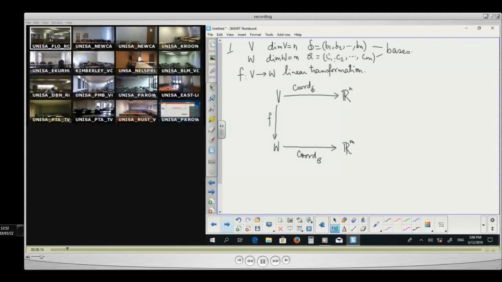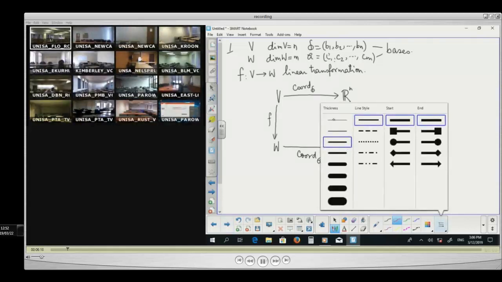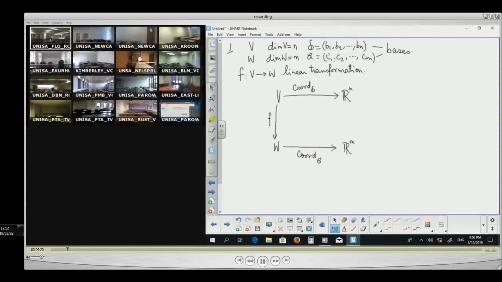And then what I was saying is there exists a unique, the unique part is expressed by this exclamation, there exists a unique linear transformation F star from Rn to Rm, and what is it?